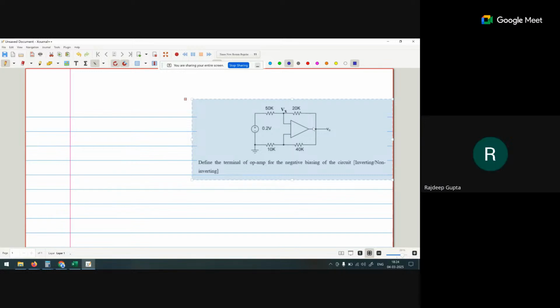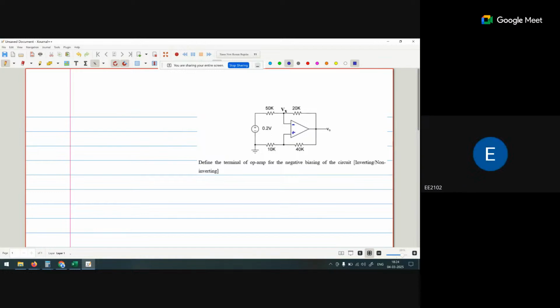Negative biasing. Okay, so if I say the terminal of this one becomes minus, this becomes plus.